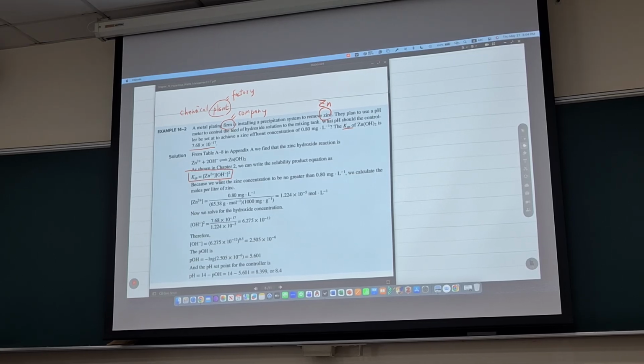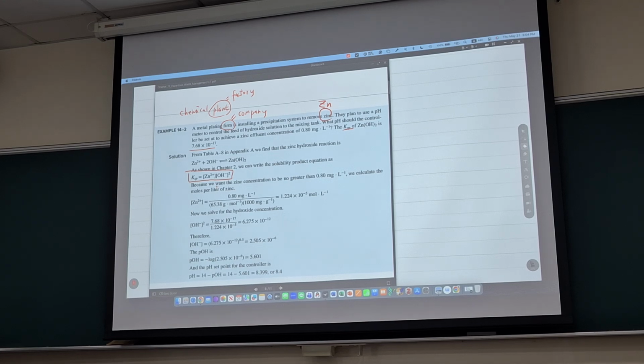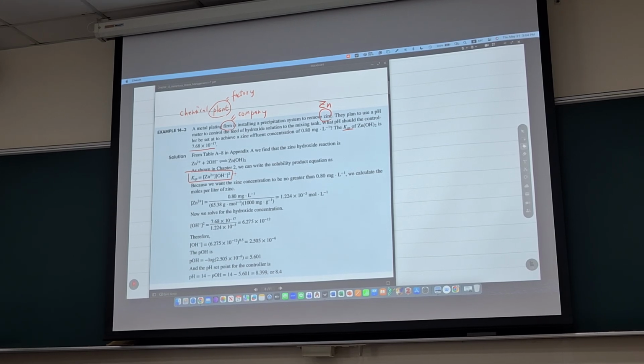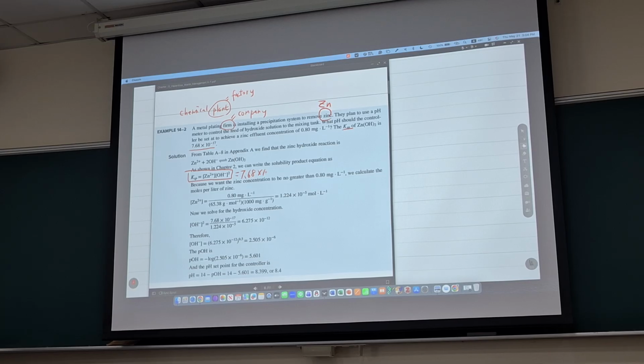Okay? So step number 1 is let's write down the KSP. If you still remember, right? From the general chemistry, all the chemistry you learned in high school. The KSP value is 7.68 times 10 to the minus 7.